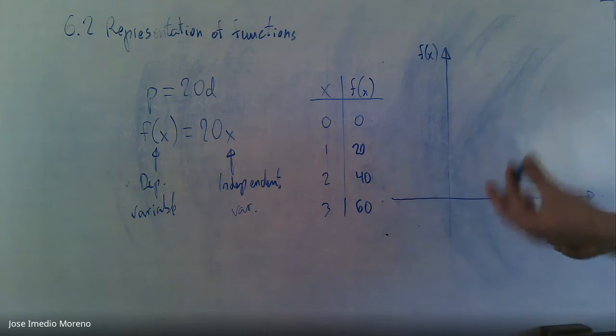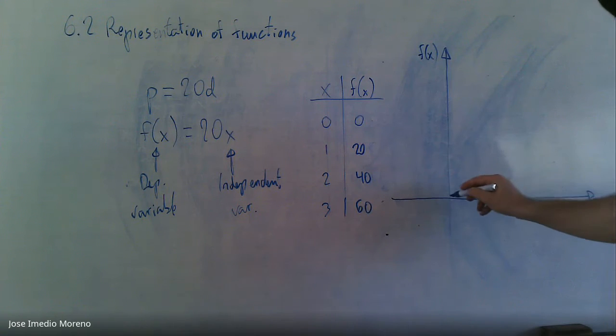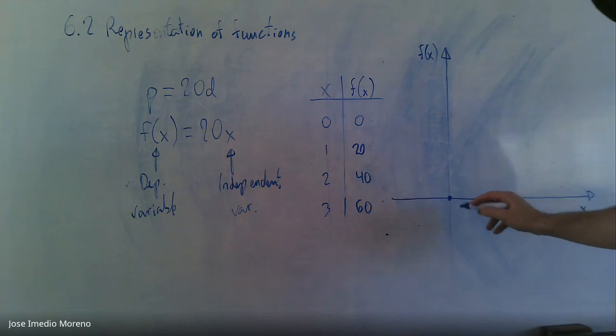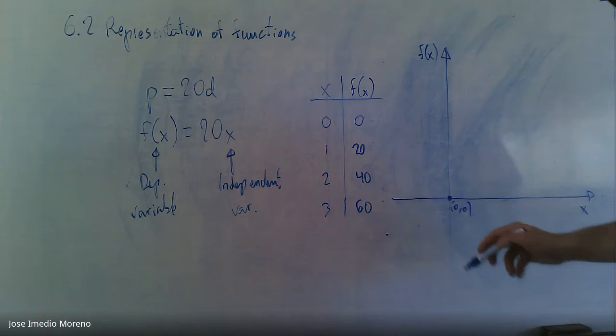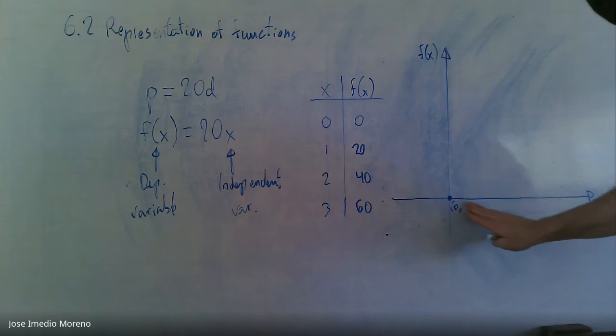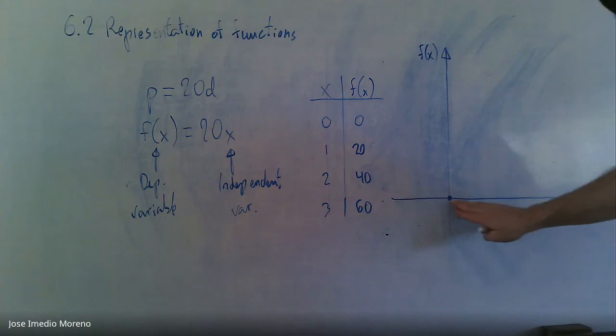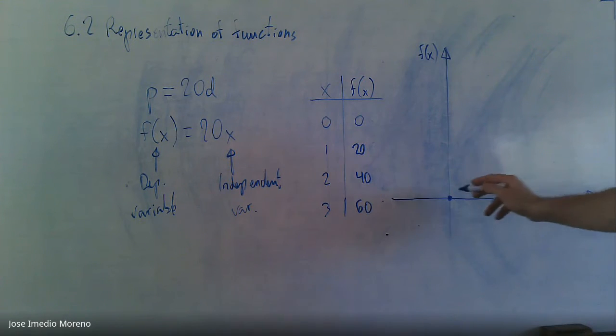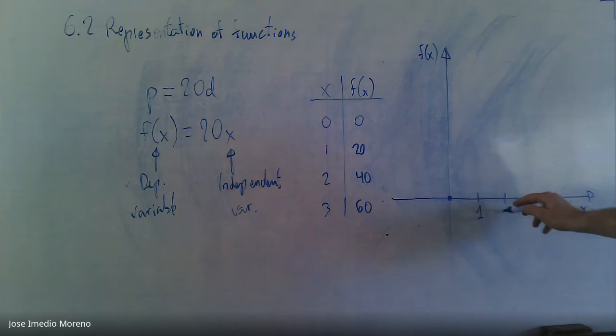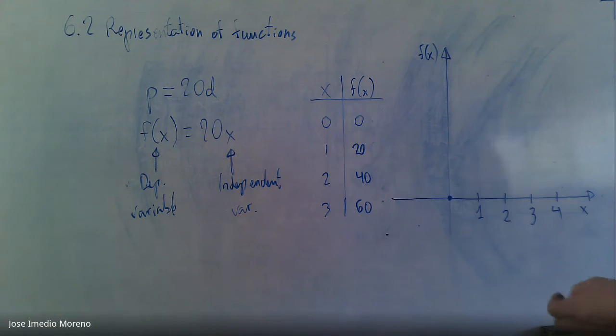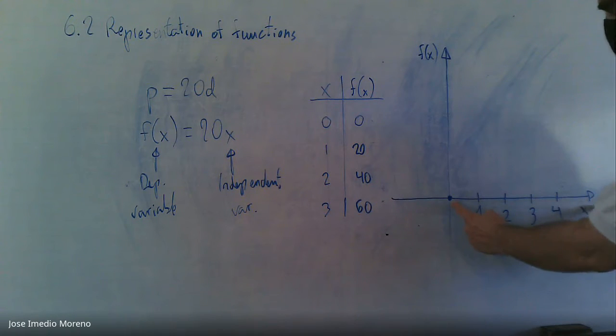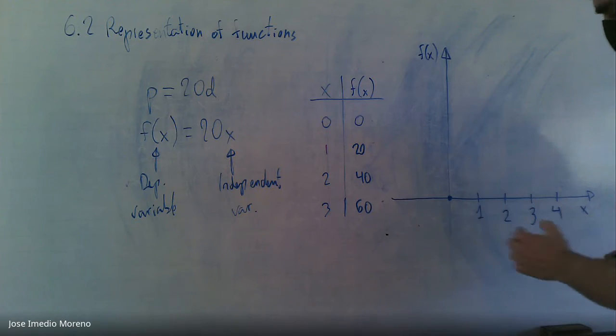So I could draw the points here, the point 0, 0. I'm going to label the axis first. I'm going to put the 1 here, 2, 3, 4, and so on. It's really important that this scale is always the same.